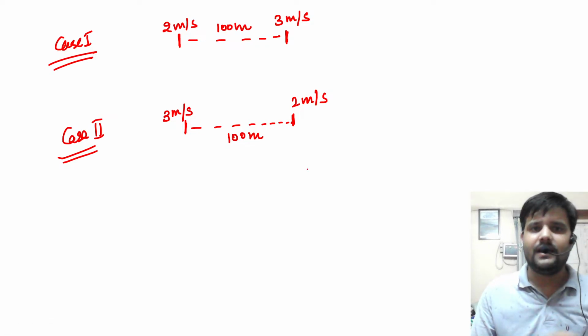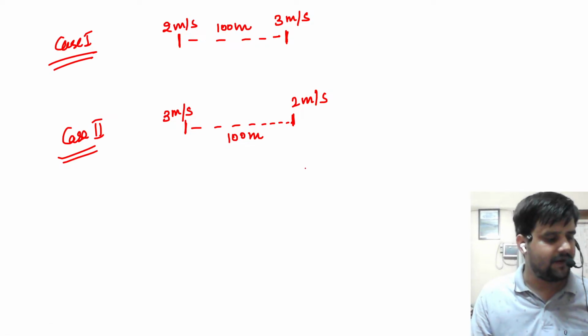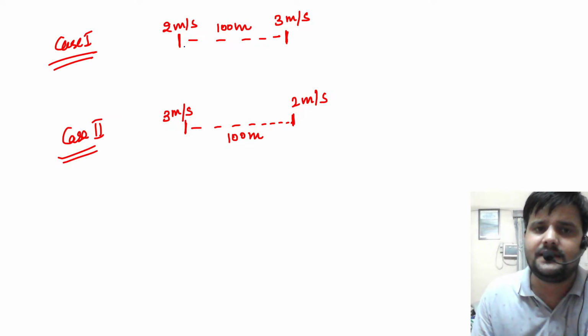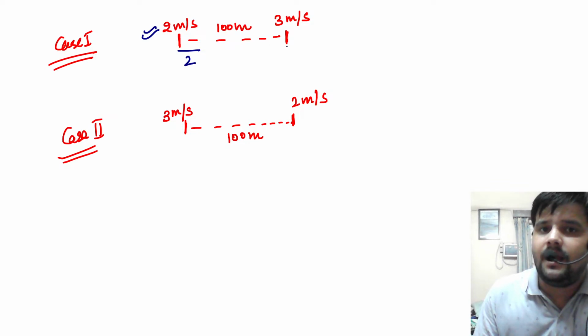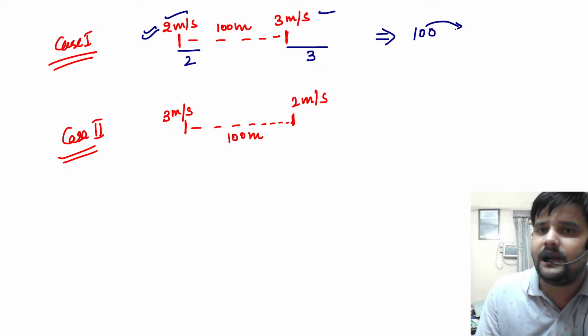If I ask you what will happen after 1 second? In the first case, this person will cover 2, and this person will cover 3. So in comparison, he has covered 1 extra. So here the distance will become 101 after 1 second.